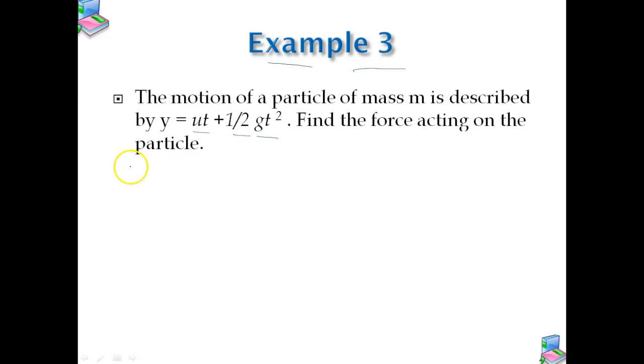We already know that the second law holds good even for a particle and for a system of particles. Means we can apply the second law of motion not only for a particle, but also for a system of particles. So now we need to find the force which is acting on the particle, and the motion of that particle is described by the equation y is equal to ut plus half gt square.